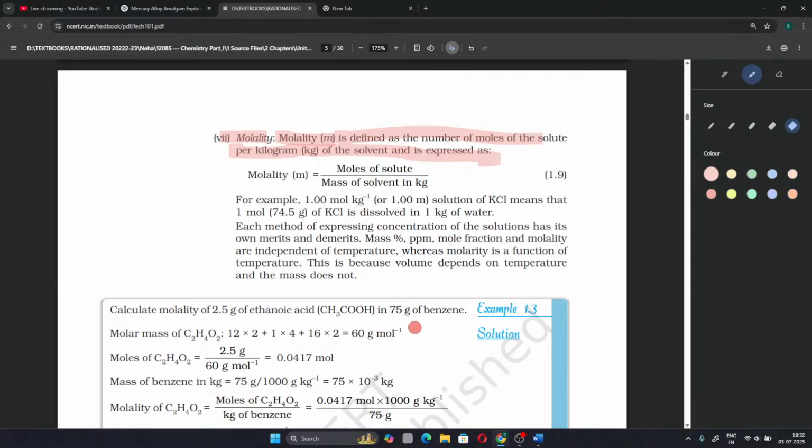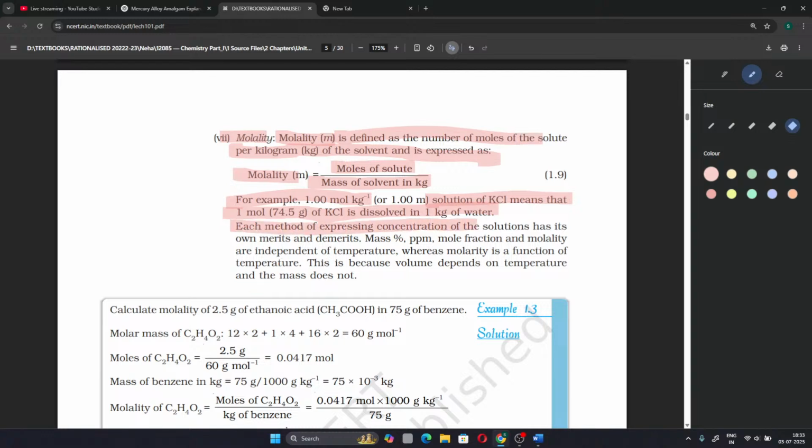In molality, we consider moles of solute by mass of the solvent in kg. Solvent and not the solution. Basically, it is the number of moles of solute dissolved in 1 kg of solvent. For example, a 1 molal solution of KCl means that 1 mole, 74.5 grams of KCl, is dissolved in 1 kg of water.